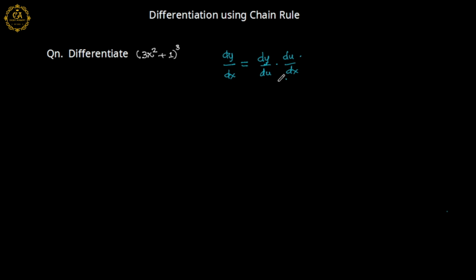So without wasting time, let's go ahead and work on this. Let y equal (3x squared plus 1) cubed, and we also have u equals the terms in the bracket, that is 3x squared plus 1.